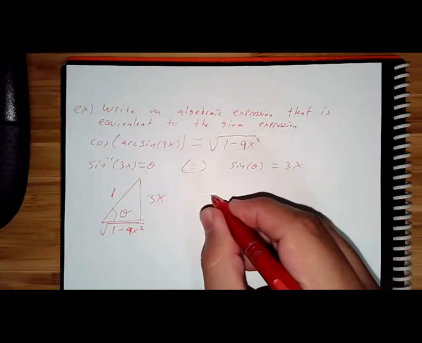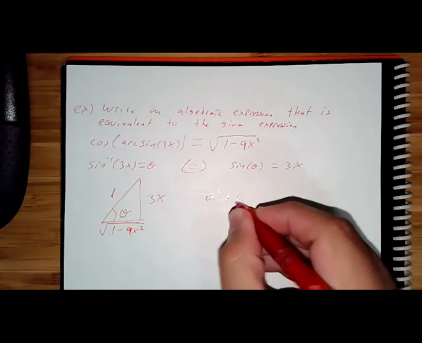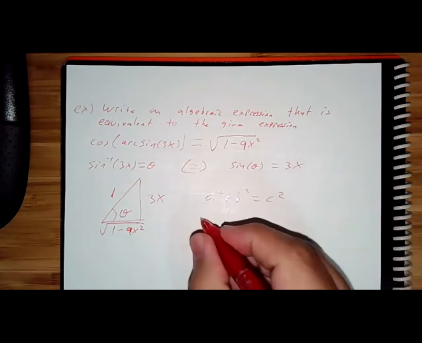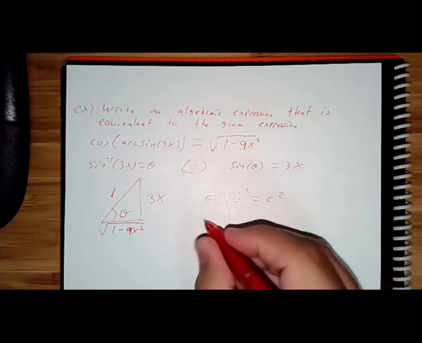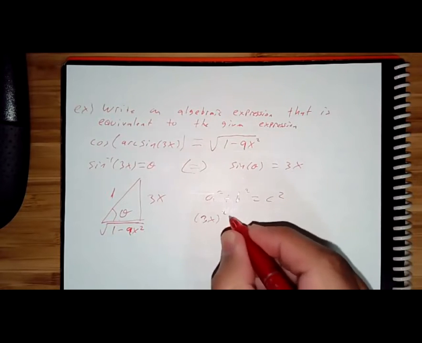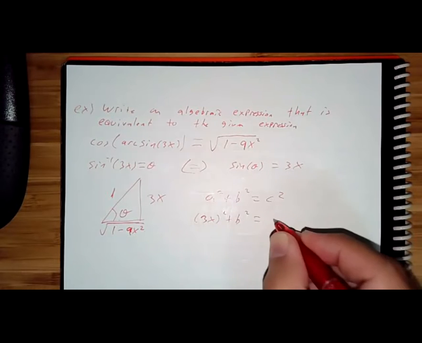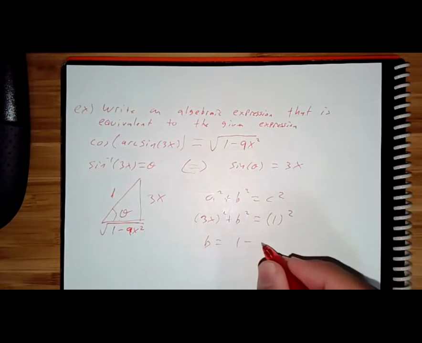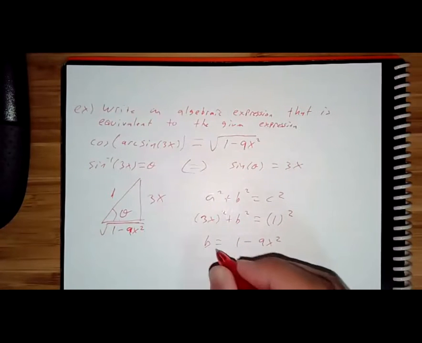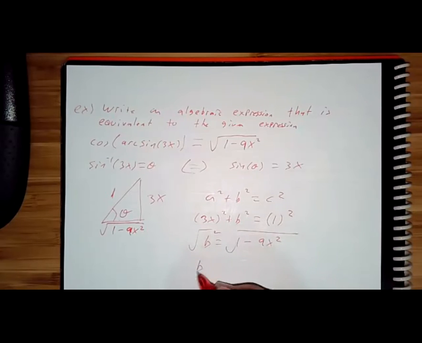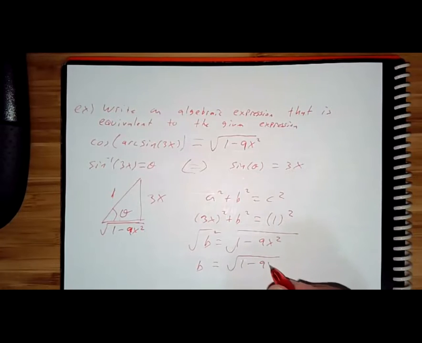I'm going to do the Pythagorean theorem right here, just in case. Let's say that this is my A. Solve for B. B would equal 1 minus 9x squared. Square root both sides. B is equal to the square root of 1 minus 9x squared.